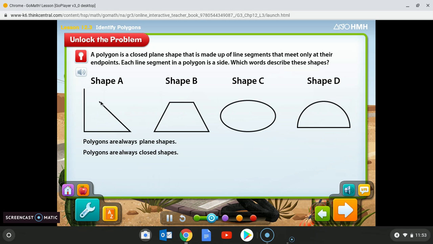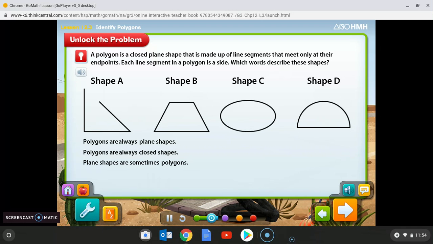So that means that shape A is not going to be a polygon because it's not closed. Plane shapes are not always polygons. Sometimes plane shapes are polygons and sometimes they're not. There's only one polygon out of all four of these shapes.